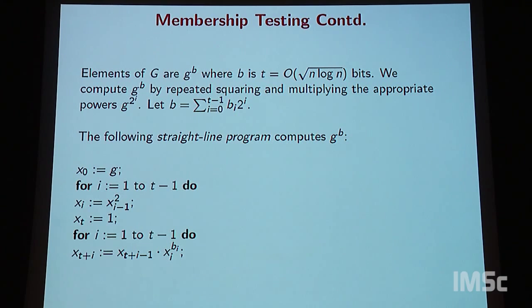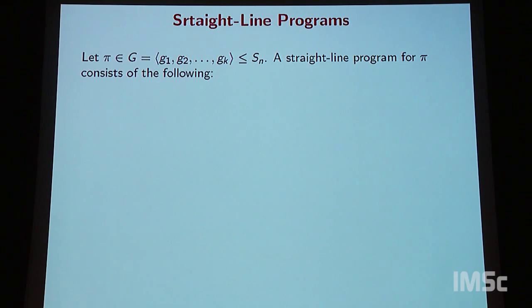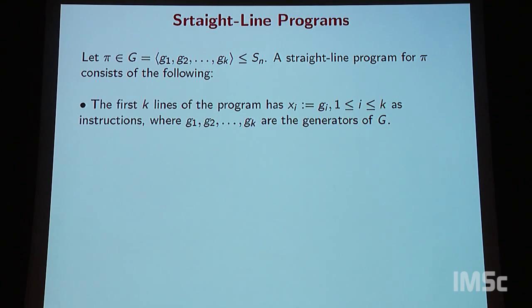So let me formally define a straight line program. Suppose G is a subgroup of Sn generated by g1 to gk, and pi is an element of this group G. A straight line program for pi would be something like the following. The first k lines will have assignment statements of the form xi is assigned gi.